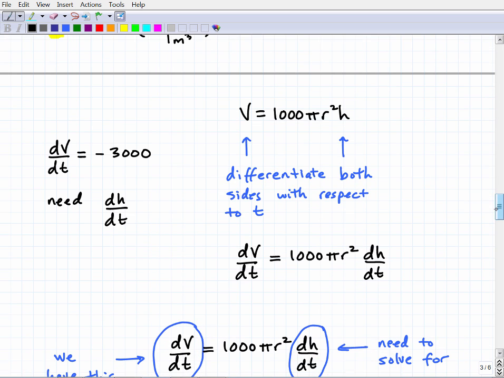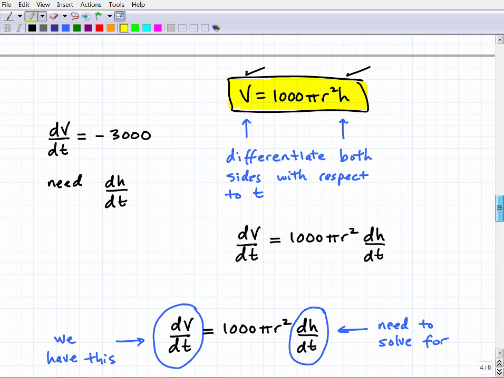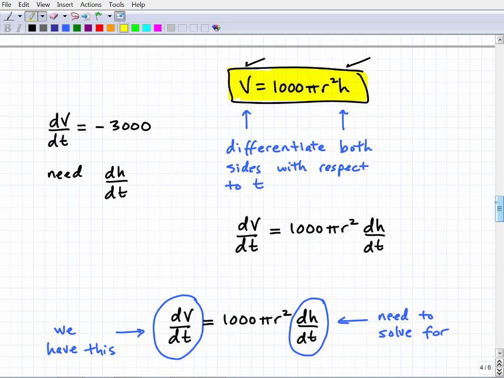Okay, so our formula that relates both the V and the H is the following. All right, so now we're getting to the fun part. The fun part is we're going to be thinking in terms of calculus, right? We can differentiate both sides with respect to t. So we have an equation, and in calculus we can think of certain types of equations where we want to differentiate with respect to another variable.